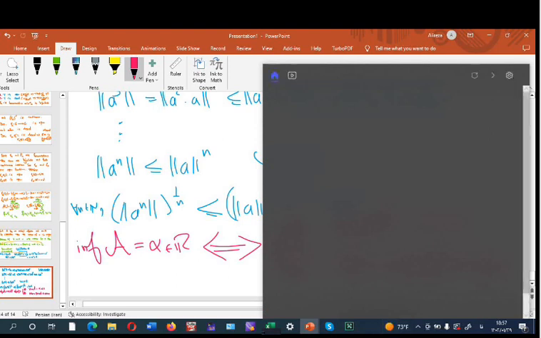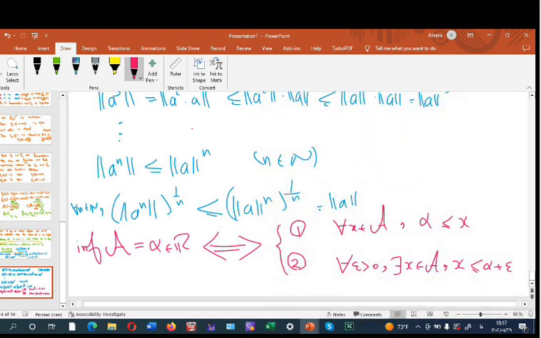And this is very trivial because the infimum of A is the greatest lower bound, so that any element greater than alpha cannot be a lower bound.